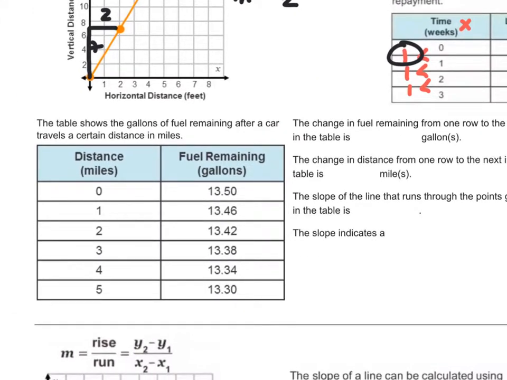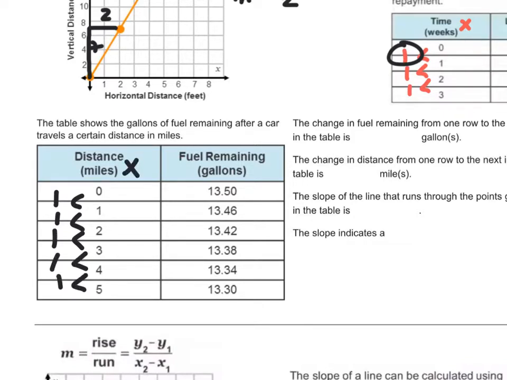The table below shows the gallons of fuel remaining after a car travels a certain distance in miles. So what happens is that you start with a certain amount of fuel, and then as you drive, that amount of fuel goes down. What we can tell here is that the distance increases by 1 mile for each of these values, and this is an x value.